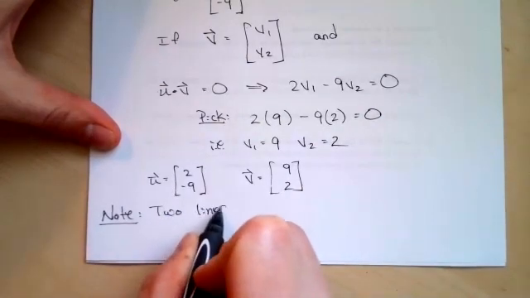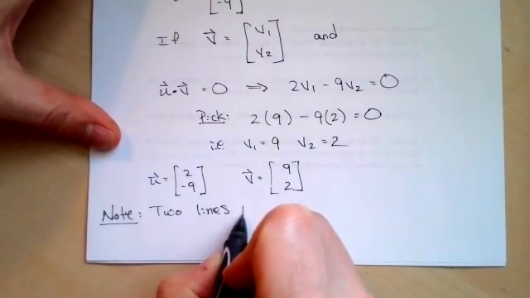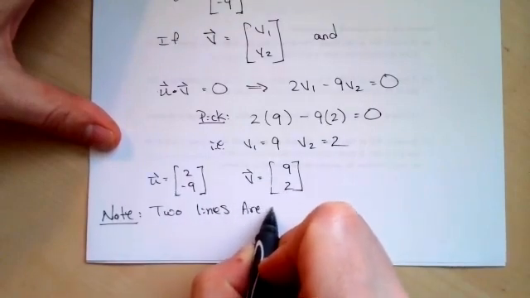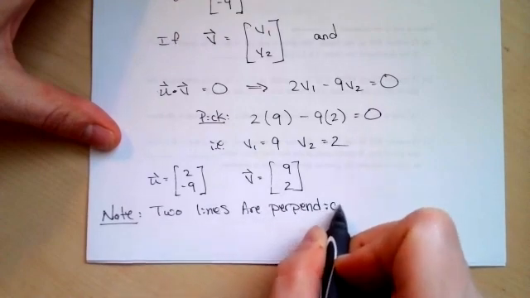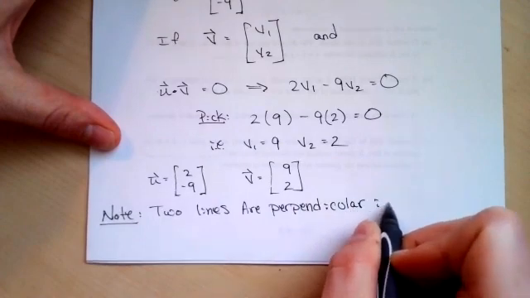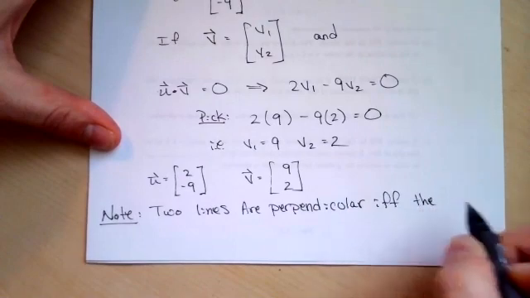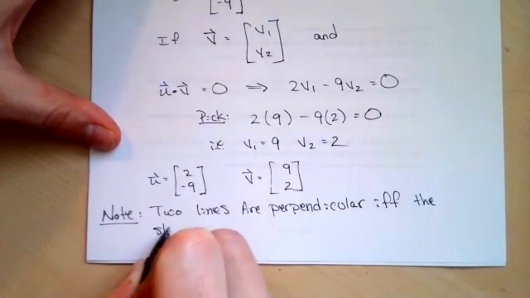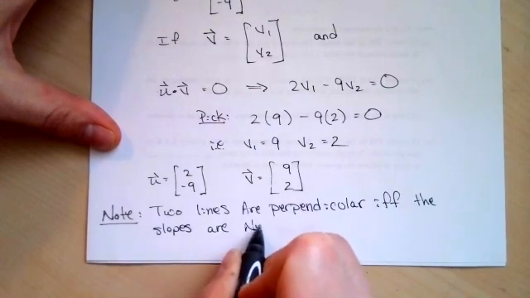And hopefully learned from pre-calc or calculus, 2 lines are perpendicular if and only if the slopes are negative reciprocals.